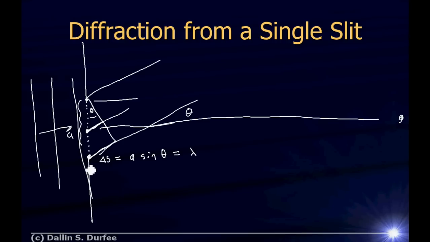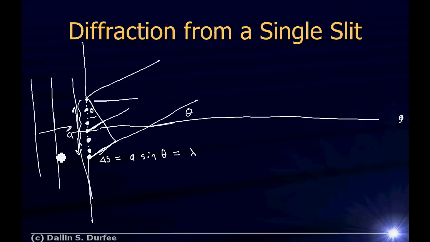If I go up and find a slit a little bit higher, there's a corresponding little slit up here that's 180 degrees out of phase with it. So light from this part of my slit will interfere destructively with light from this part, and so on for each pair. If this distance is one wavelength, for every point down here, there's a corresponding point up here that cancels it out.